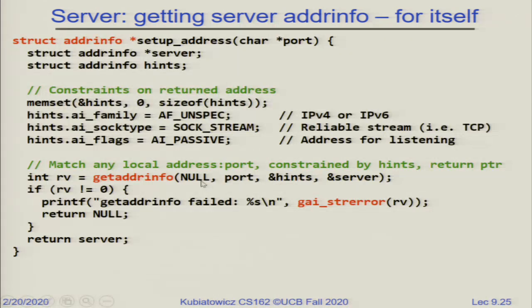Also, this NULL value here: typically I'm not saying what my own host name is. Instead I'm saying, whatever IP addresses I happen to have, as a host I can have more than one, I will bind to all of them. So anybody who knows any of my addresses could come in. That's what I do by not saying what the host is.